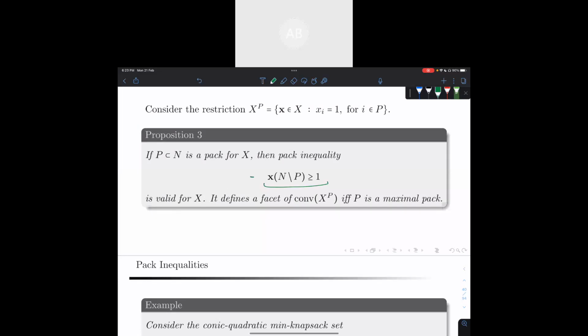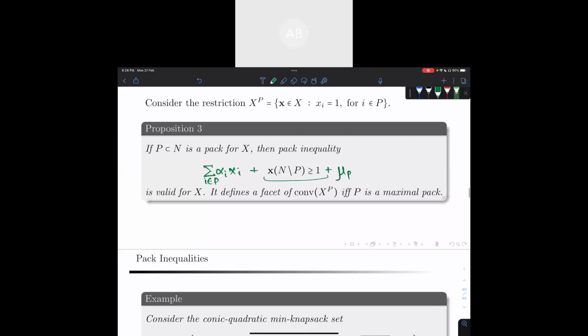Can we somehow bring the elements of the pack, with some coefficients, into this inequality?